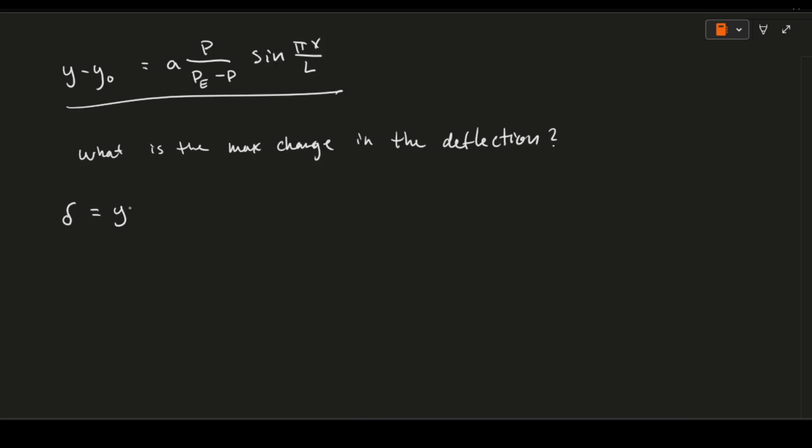This is equal to y of L over 2 minus y naught at L over 2. This is equal to a P over P_E minus P sine of pi L over 2L.